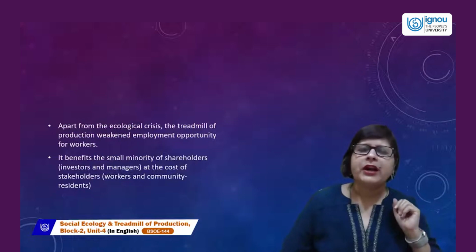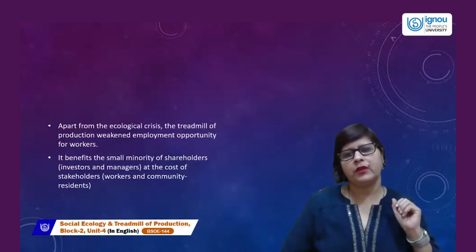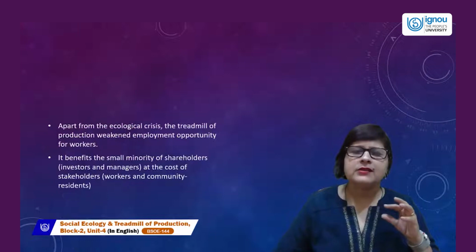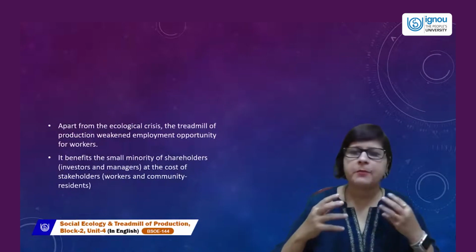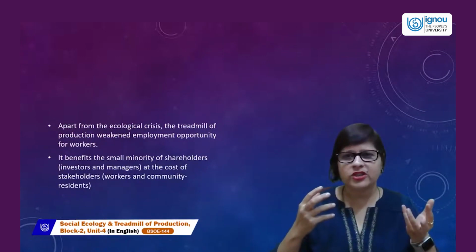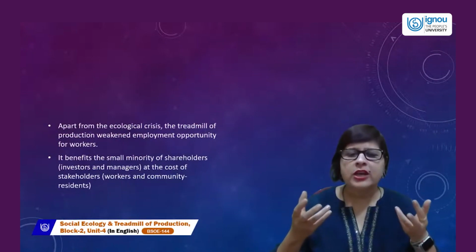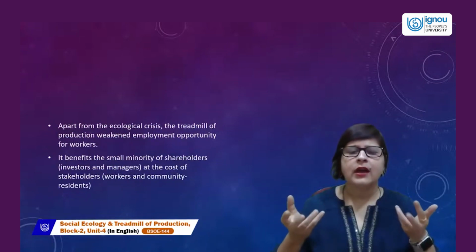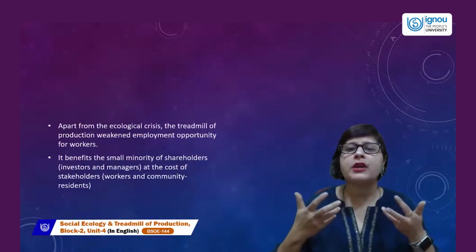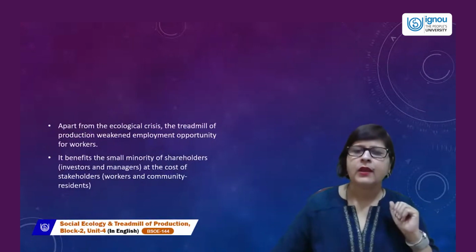Apart from the ecological crisis, the treadmill of production weakened employment opportunity for the workers. The treadmill is about exploiting our resources and dumping our waste in the ecology, and it is impacting our society. And apart from impacting the ecology, it is impacting the economic opportunities for the workers, right?